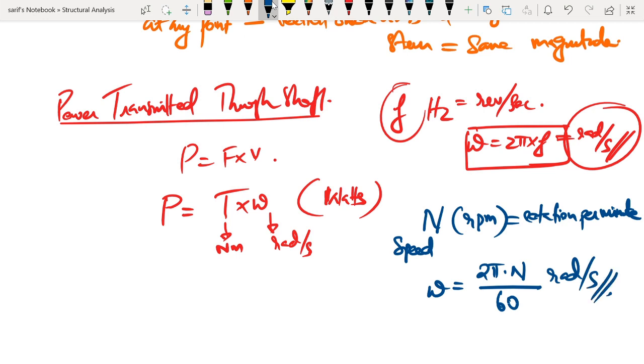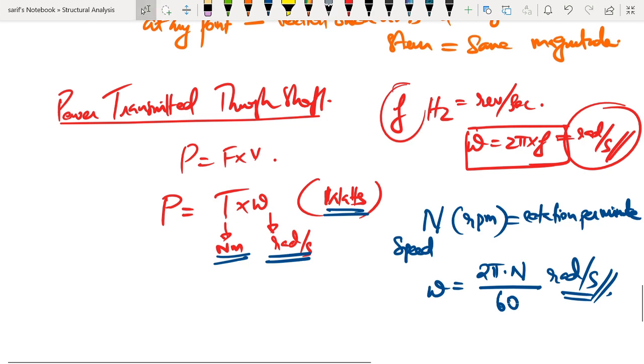In this way you can convert speed in rotation per minute to radian per second. Then again you can apply the same formula. The output that you are going to get will be in watts if your torque is in Newton meter. So this idea of power transmitted through the shaft should also be kept in mind.